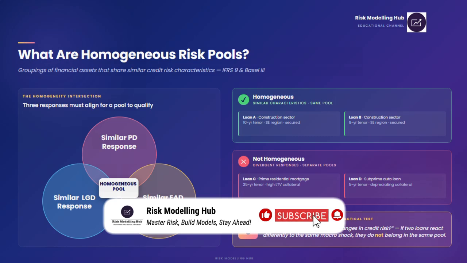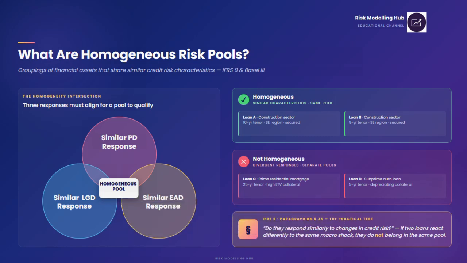Now let's talk about what homogeneous risk pools are. These are groupings of financial assets that share similar credit risk characteristics. This is a core requirement under both IFRS 9 and the Basel regulatory frameworks. So, for a pool to truly qualify as homogeneous, these three critical elements must align.